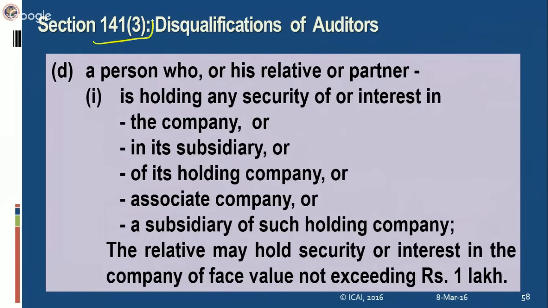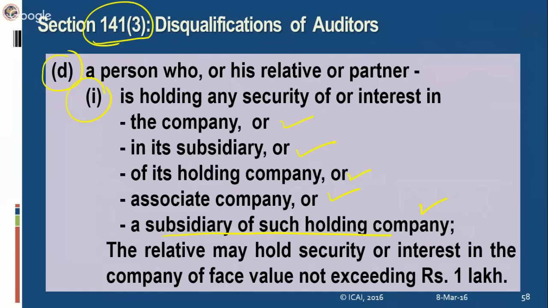This is how 141, 3, subclause D, subclause 1. Now look at the possibilities: the company, its subsidiary, its holding company, associate company, or a subsidiary of such holding company. There are 5 possibilities.